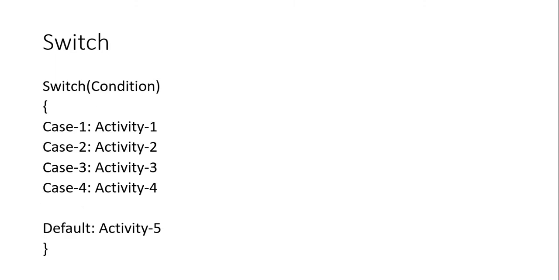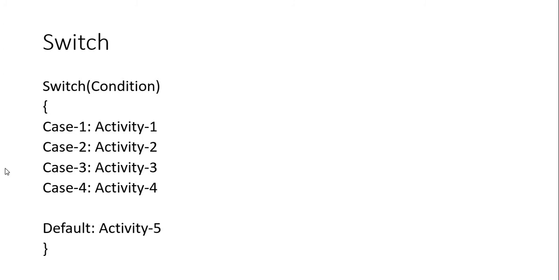So next one is the switch activity. In a switch activity, we have a condition which gives multiple outputs. Suppose I have an activity like adding 2 numbers, using single digit numbers up to 5. Suppose the variable value is 1 plus 2, which results in 3.